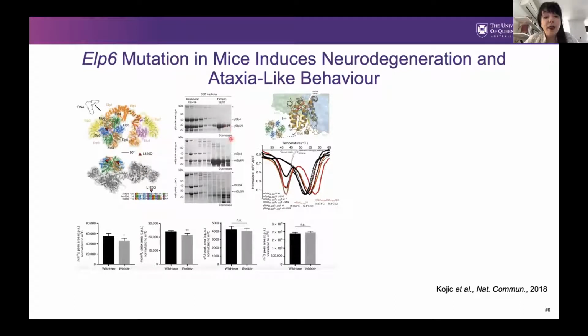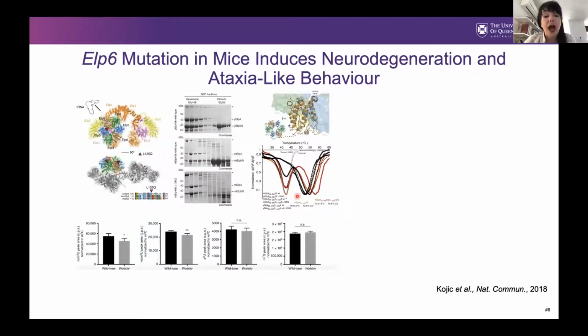We found that this ELP6 mutation affects the expression and stability of the ELP4, 5, 6 subcomplex, as you can see here, where the mutation is present. But the ELP6 mutation also affects the stability of the ELP6 protein itself. And you can see here that there is a shift in the thermal stability of the protein.